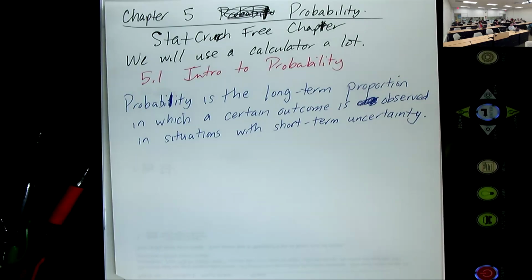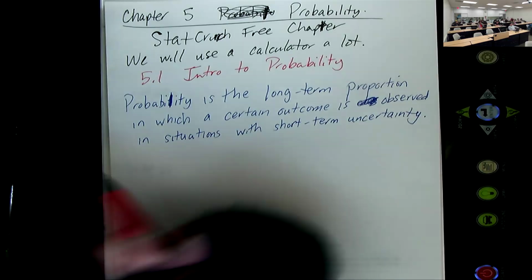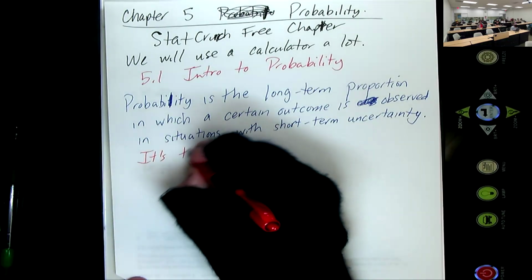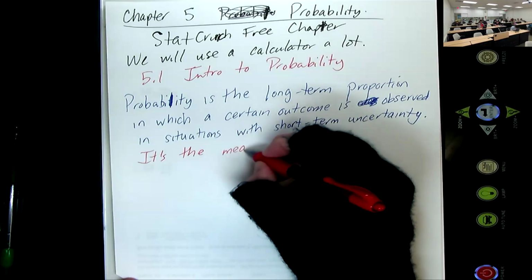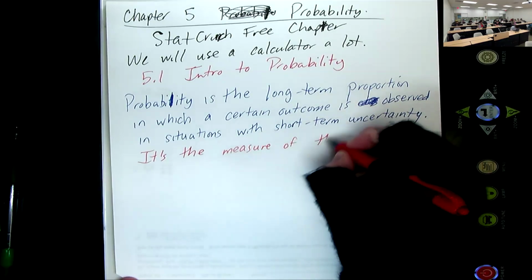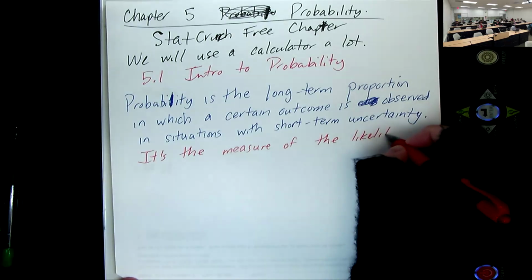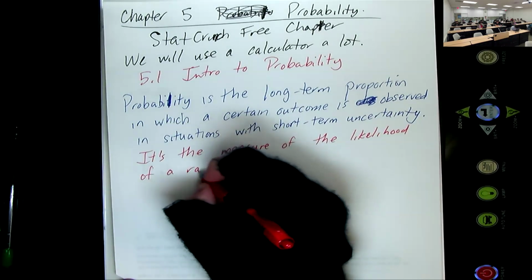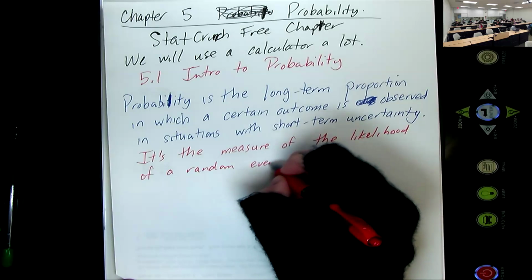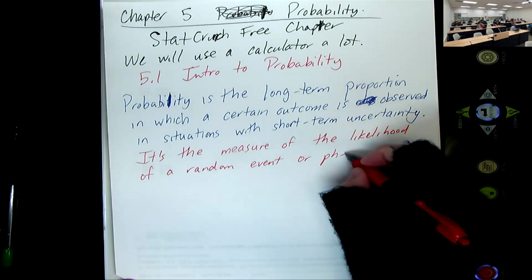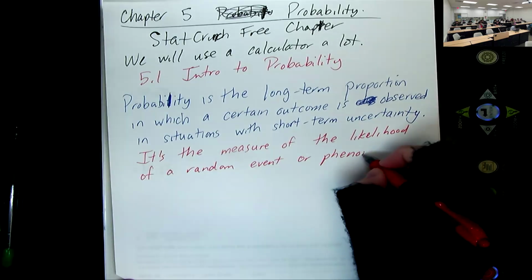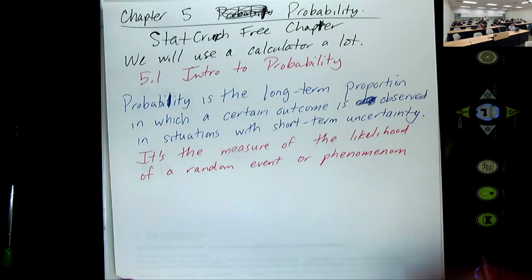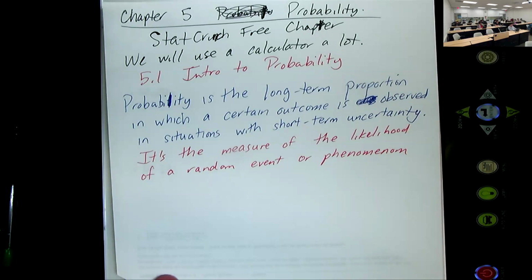Another way of putting it: it's the measure of the likelihood of a random event or phenomenon occurring. Phenomenon, yeah, that looks right.